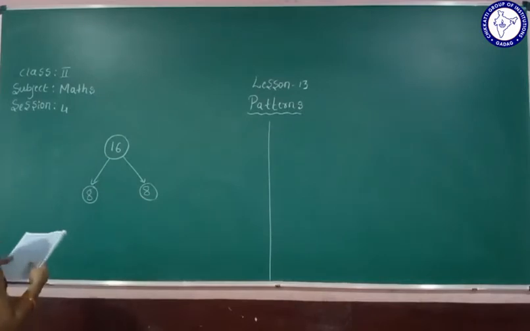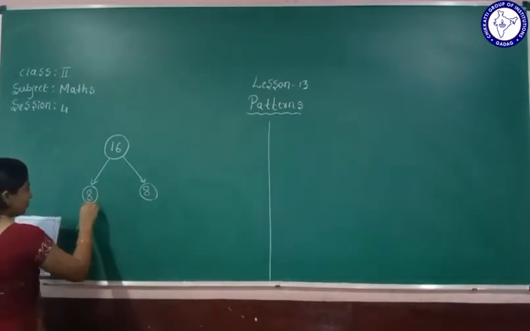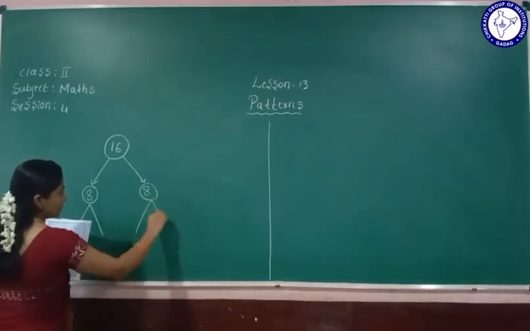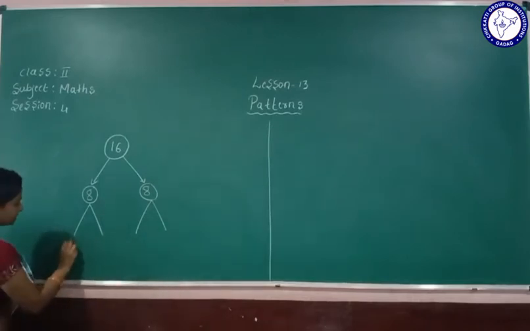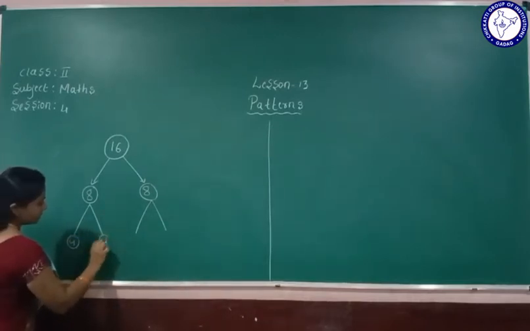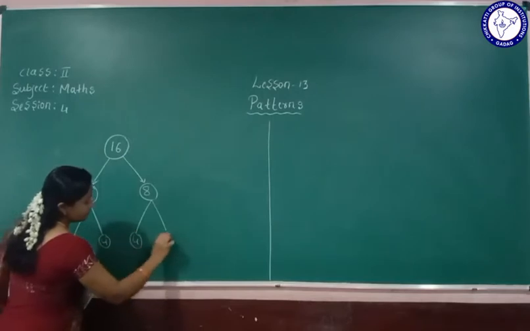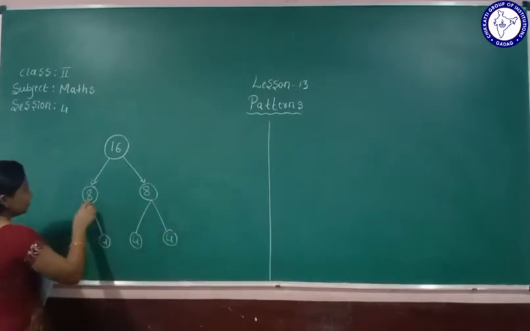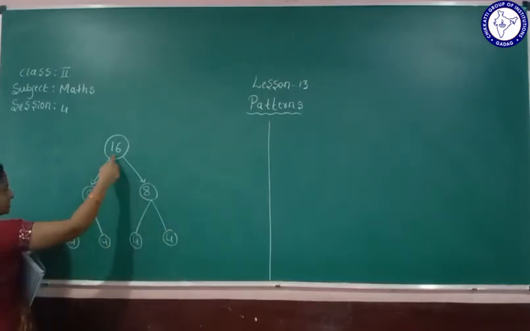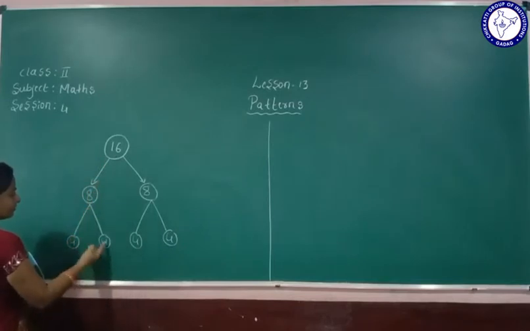Next, this 8 we split into how much? Equal numbers, that is 4 plus 4. Understood? 8 plus 8 is 16, 4 plus 4 is 8.